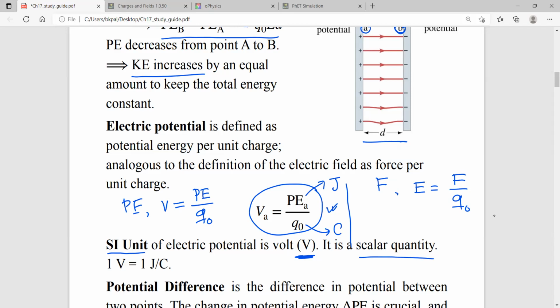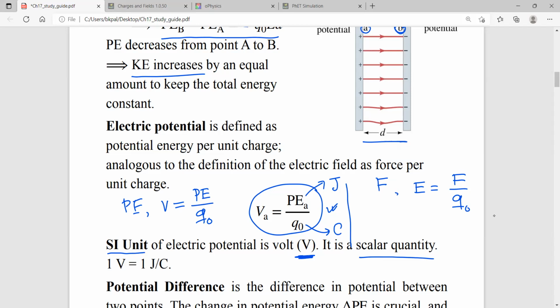Now, in chapter 6 in Physics 1, you learned that potential energy is not a very important quantity, because when you change the reference, then the height changes, and then the potential energy changes.